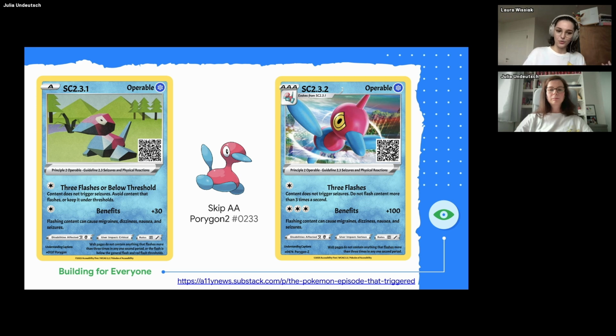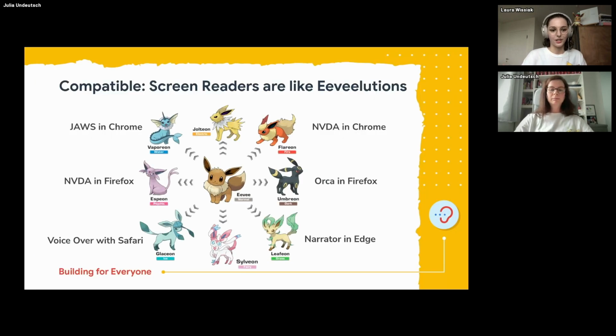Because screen readers in different browsers are kind of like the different evolutions. They don't necessarily, okay, there's a picture, they don't necessarily are super different from each other. Like, at the core, they're still Eevees, all of them. But the way they present things, the way they behave is a bit different depending on which combinations you use.